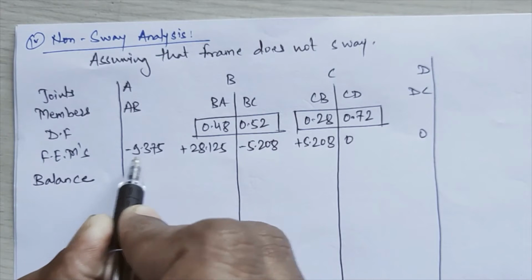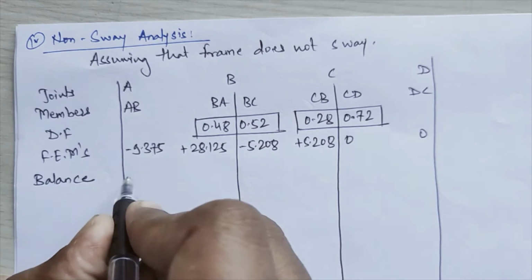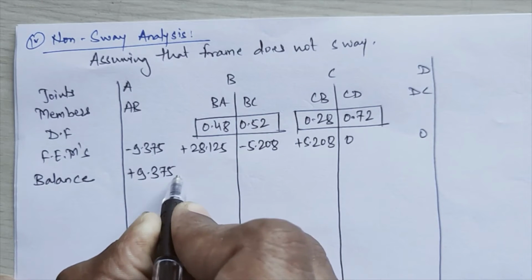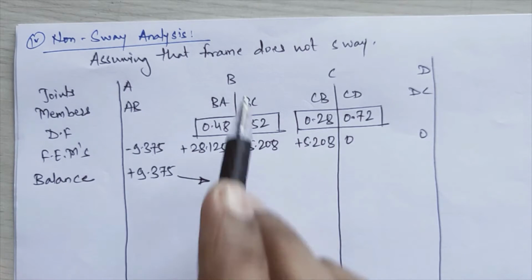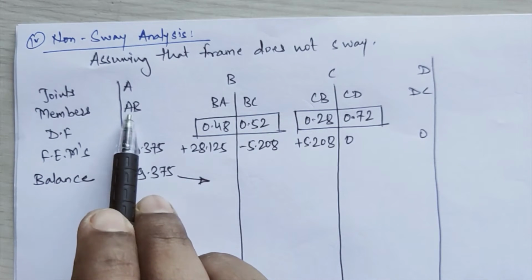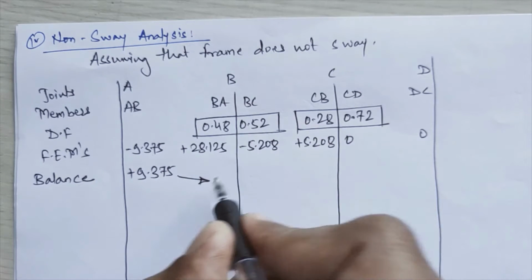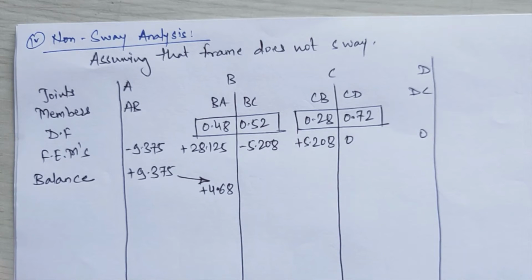Initially the fixed end moment we have there is minus 9.375, so the balancing moment that we get is plus 9.375, out of which half of the moment will get carried over to its next capable support, that is support B. That is, the AB moment will get carried over to BA. So half of 9.375 comes equal to plus 4.68 over there.